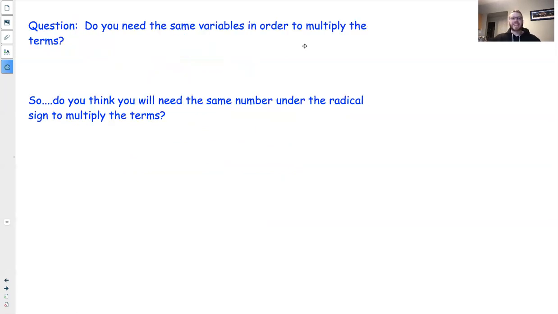Okay, and we've kind of hinted at the answer to this question. Do we need the same variables in order to multiply the terms? No, we do not. You can multiply any term by any term.